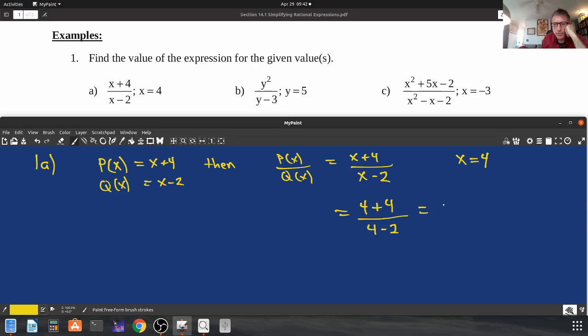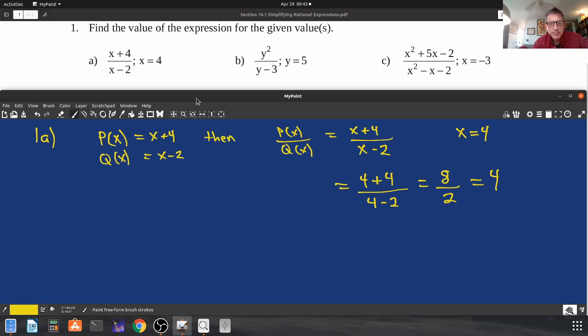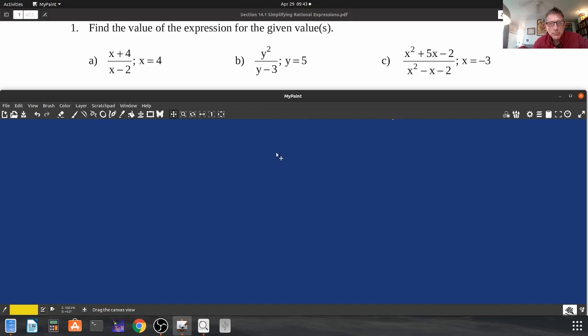And I get 4 plus 4 is 8. 4 minus 2 is 2. And that simplifies to 4. So that's not so bad. Just regular evaluations.